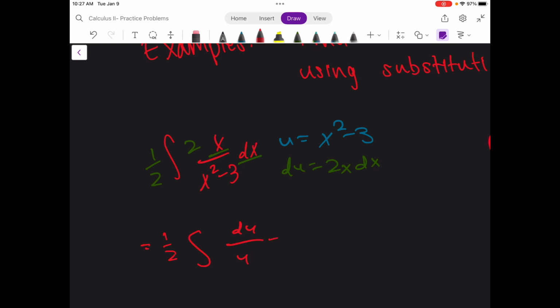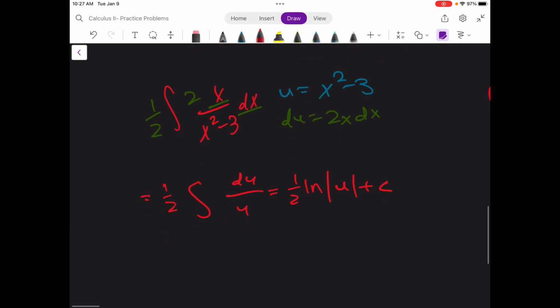And what this is going to turn into is 1/2 natural log of the absolute value of u plus c. There's just an absolute value sign because it is able to double the domain. And finally, we just plug back in our function of u, and that's all for the answer.